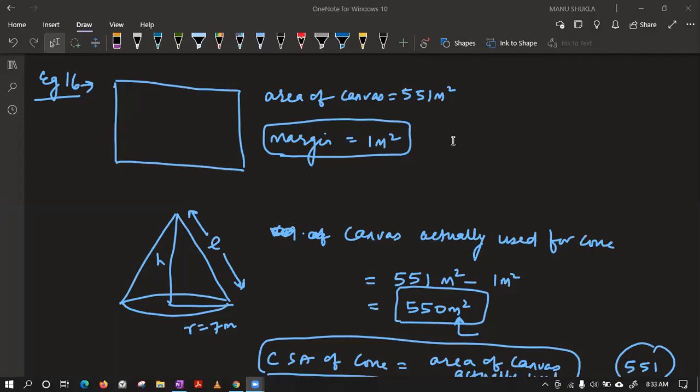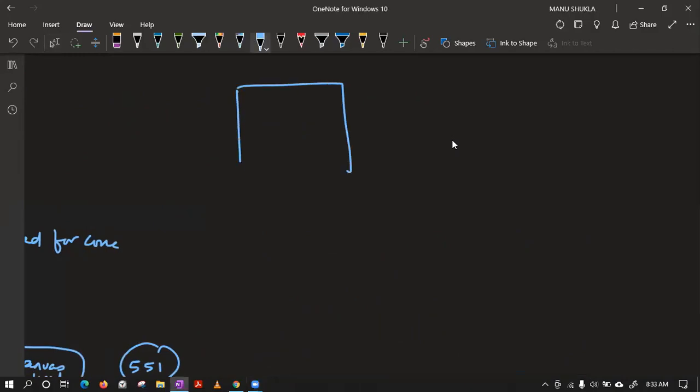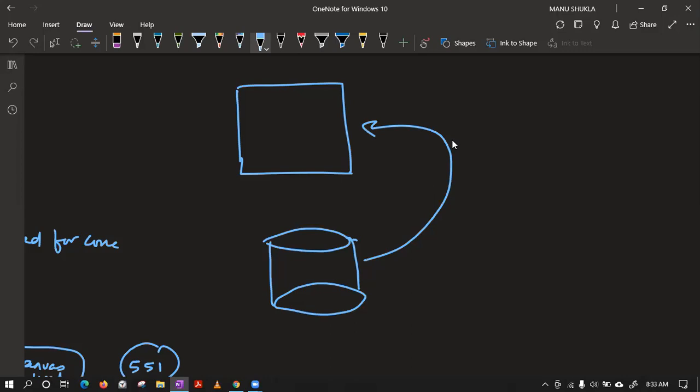Yes, sir. Because in the case of cylinder, we have seen that you had a chart paper and you had made it a cylinder. In that, we were sure that these things are equal, this height and this, हाँ ना? And this was equal to your breadth, if you remember. Yes, sir.